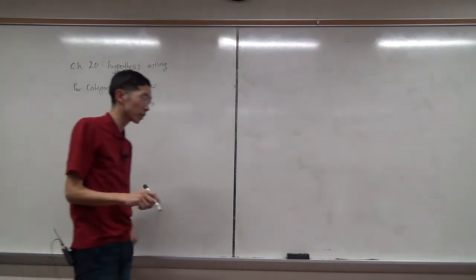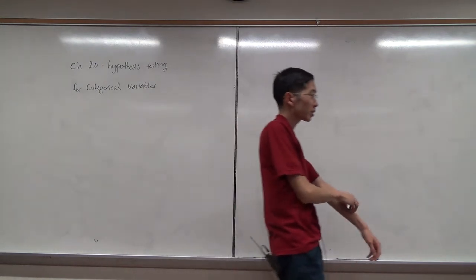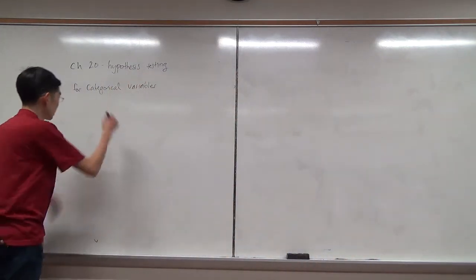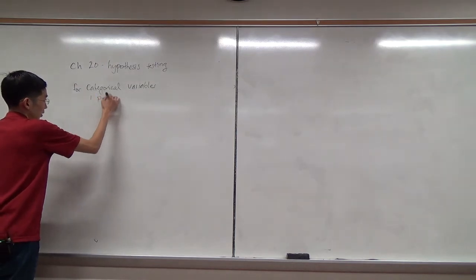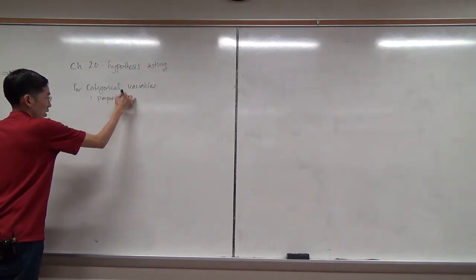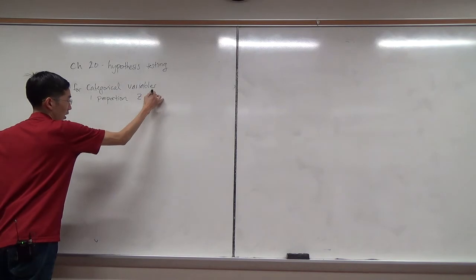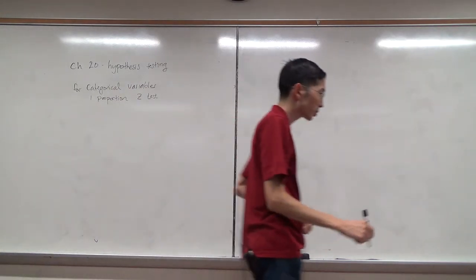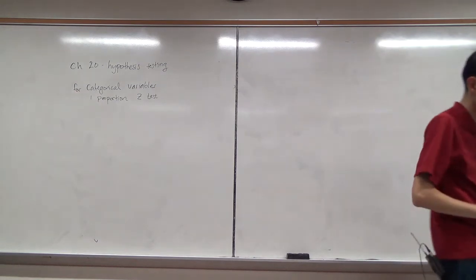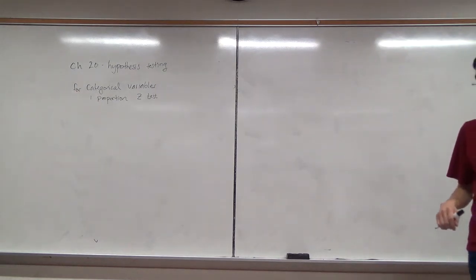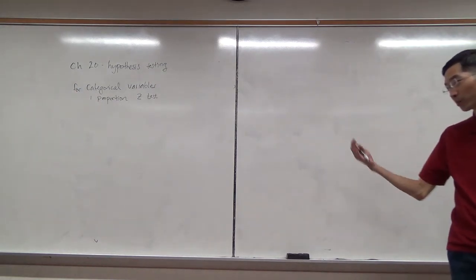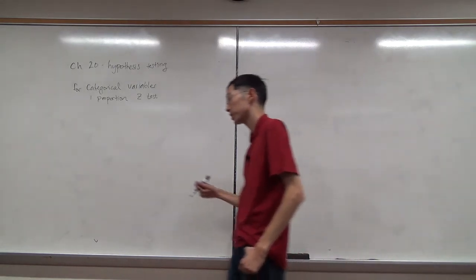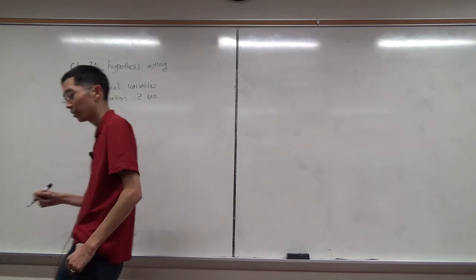Hypothesis testing for categorical variables, and we're just going to start off with what we call a one proportion z-test. One proportion because we're just dealing with one categorical variable, one proportion, one sample. And it's a z-test because it's based on the normal distribution.